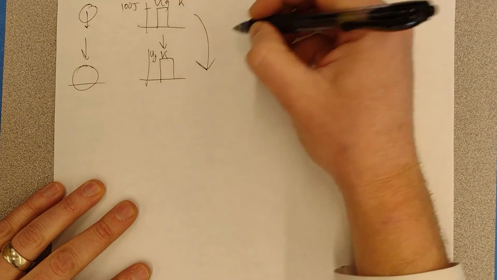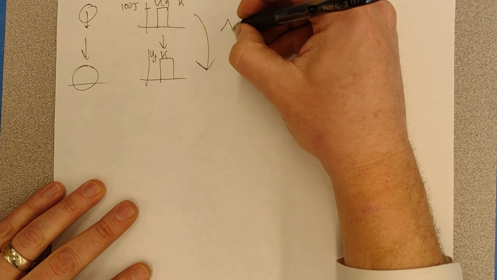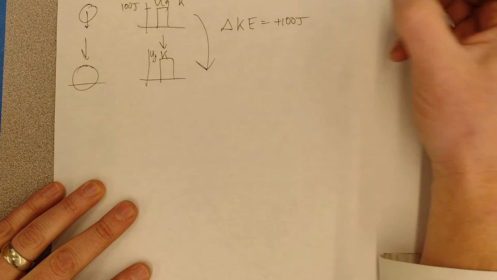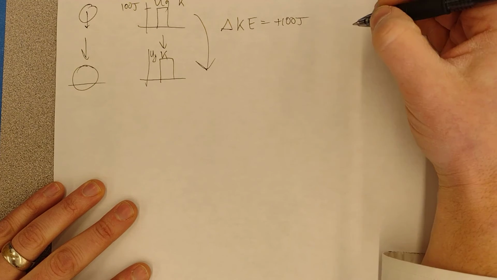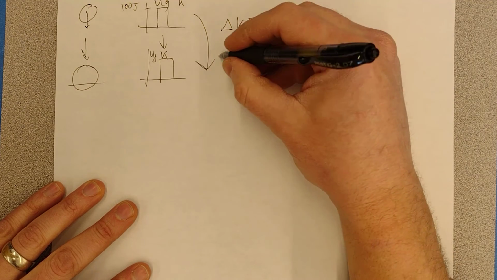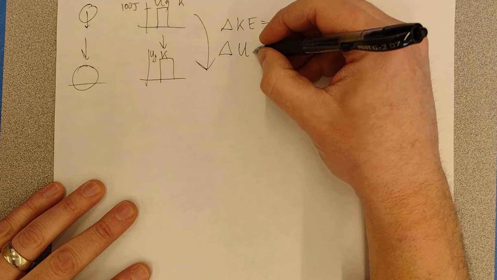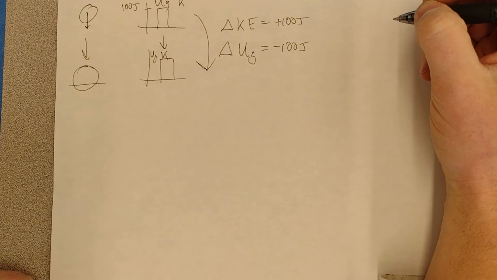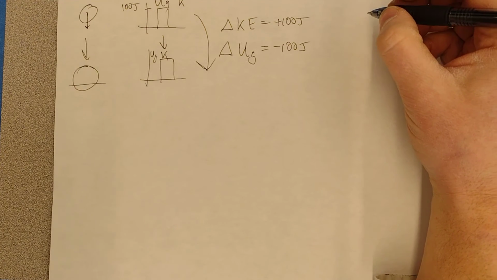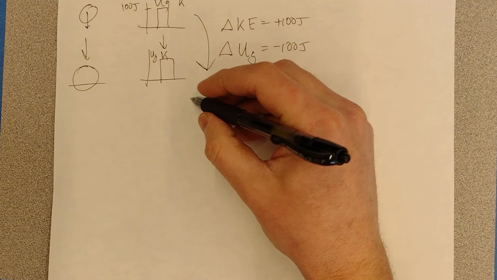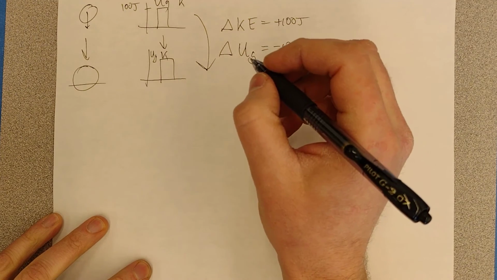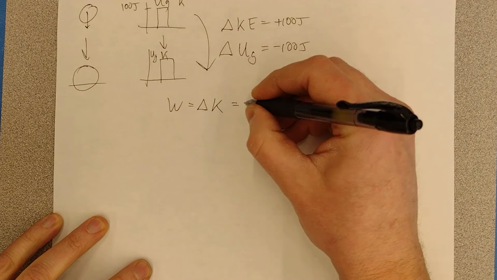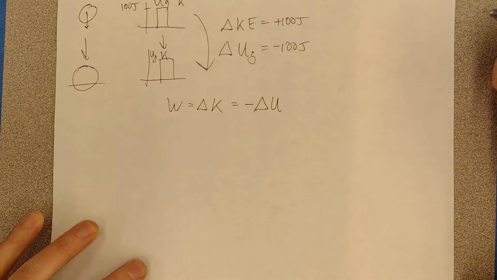As it goes from here to here, what's its change in kinetic energy? The change in kinetic energy is plus 100 joules. It gained energy; gravity did work on it. What's the change in potential energy of the object? It's negative 100 joules. So sometimes we see this formula: work equals change in kinetic energy equals negative change in gravitational energy.